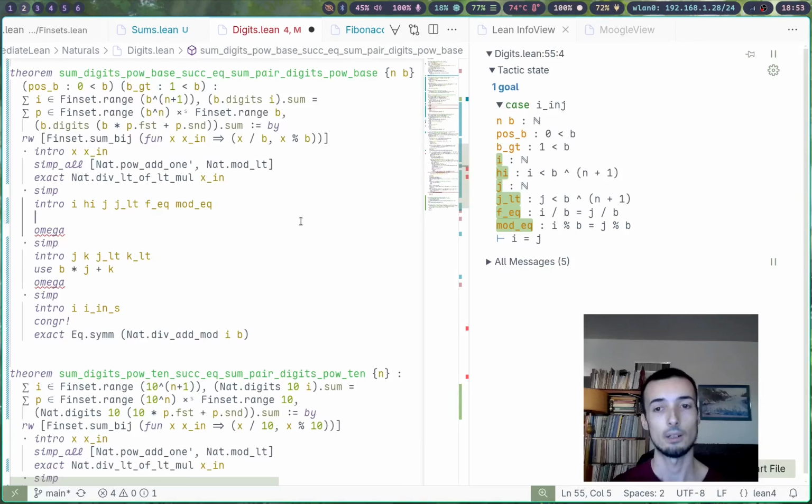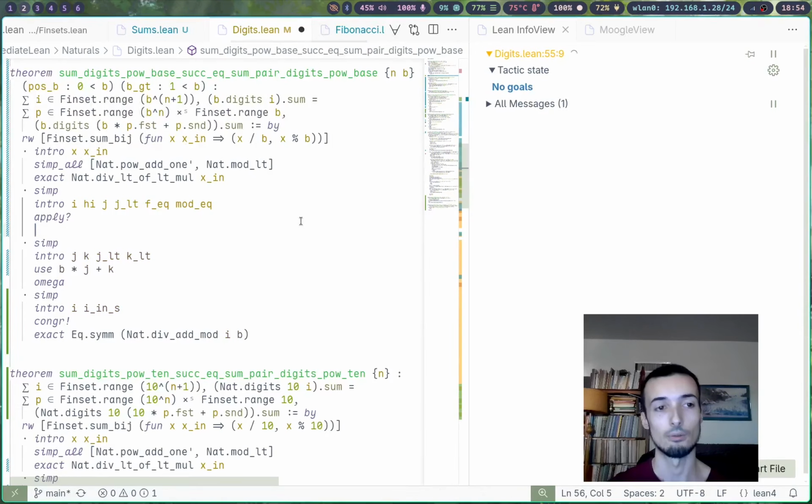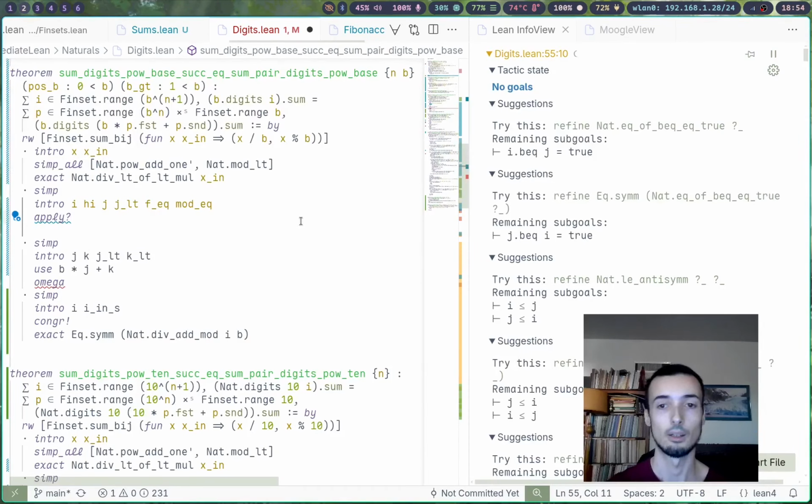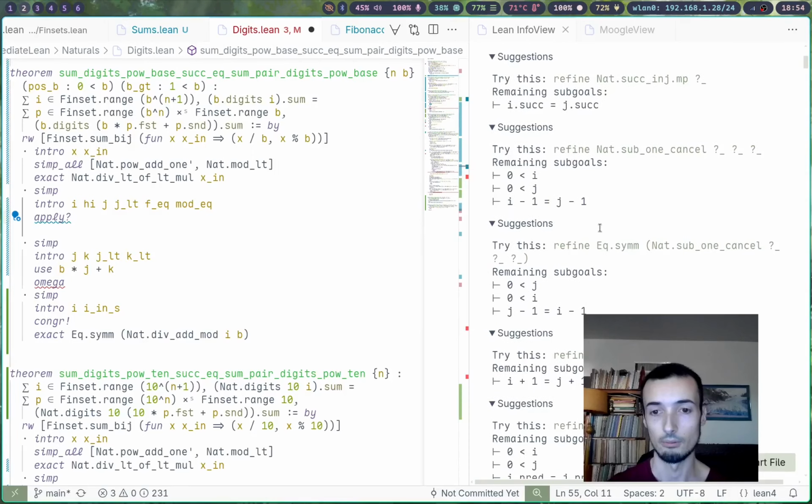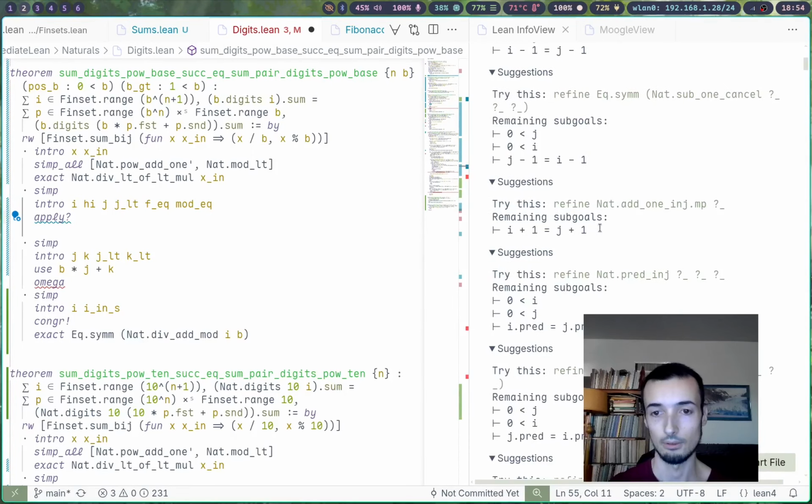Yeah, this is very close, right? Clearly the only thing that could mess this up is probably if i or b or something is equal to 0. So this is a good candidate to do apply on, because we should be able to find a lemma that almost works, but has to prove something like j is greater than 0. Unfortunately, we don't see anything like that.